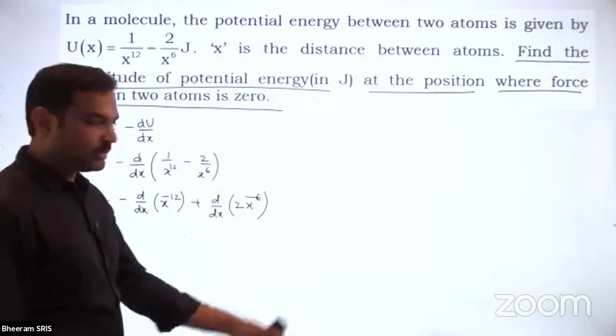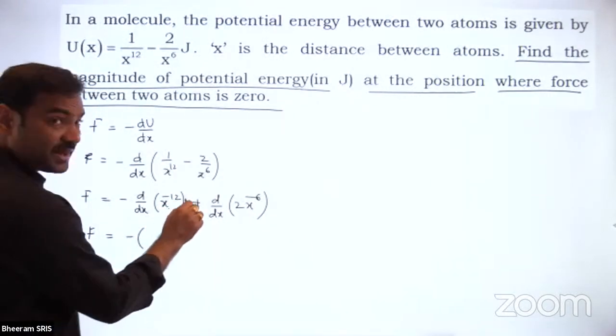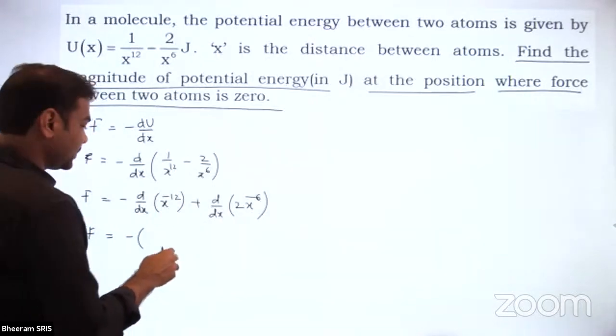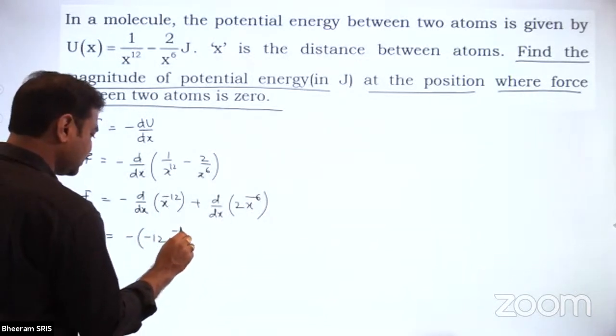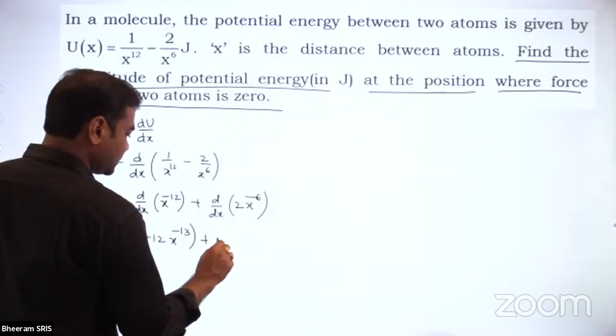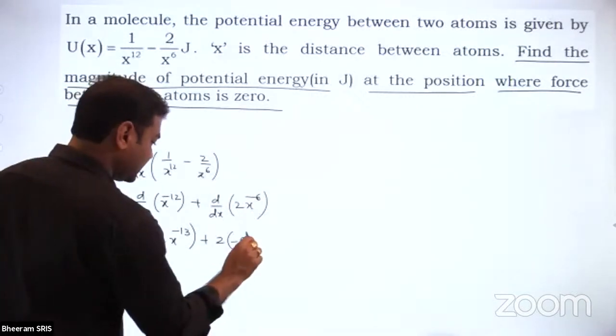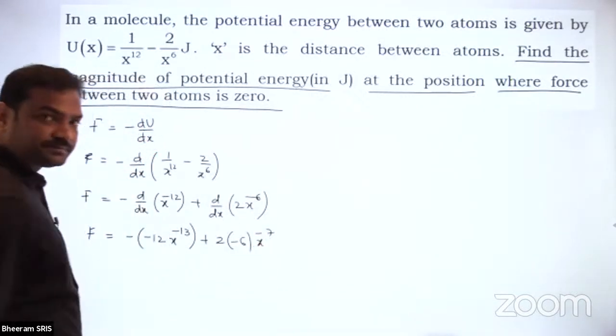Okay, I have taken them into the numerator. Now apply the derivative logic. The derivative of x raised to n is n into x raised to n minus 1: minus 12 into x raised to minus 13. Plus 2 is a constant, take it out. The derivative of x raised to minus 6 is minus 6 into x raised to minus 7.